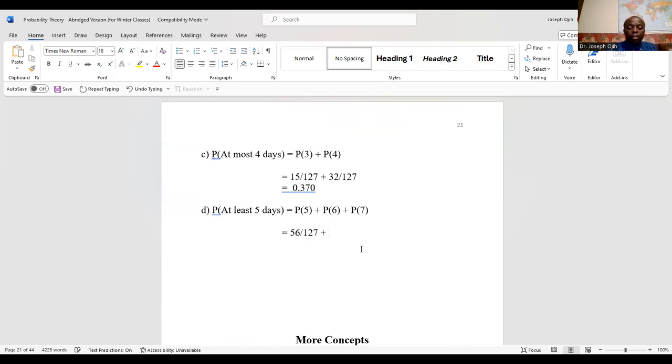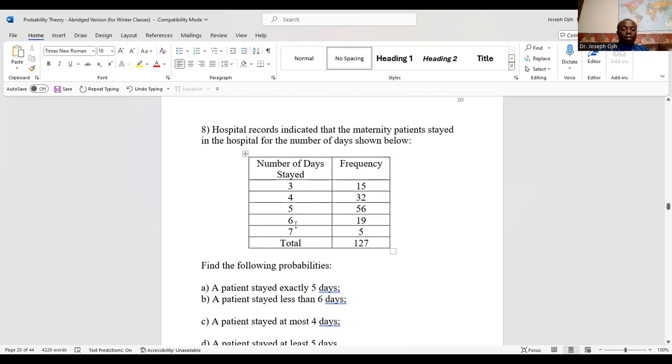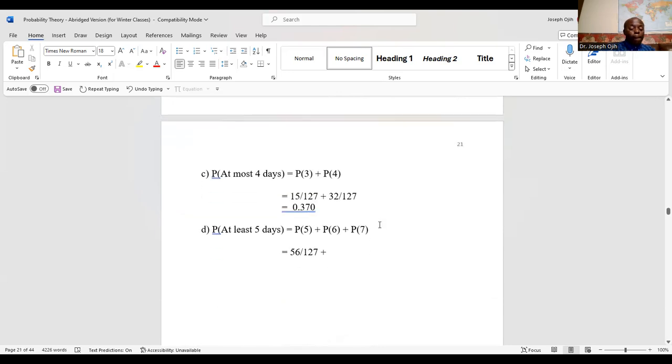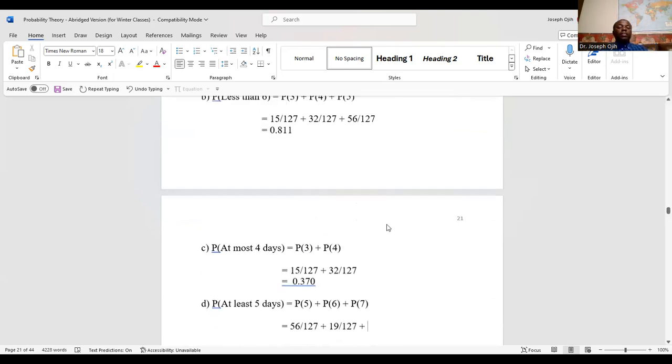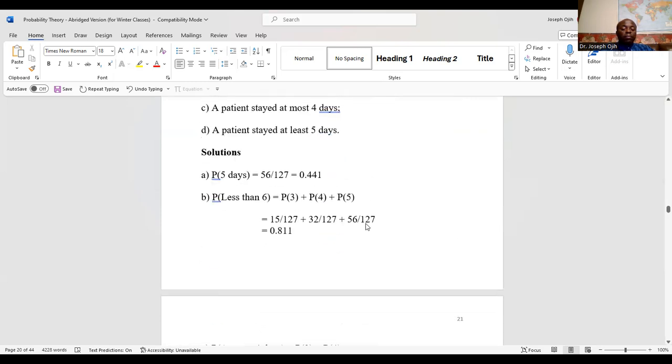Plus, it's about 6 days, so we go to 19 over 127. Plus for 7 days, 5 over 127.